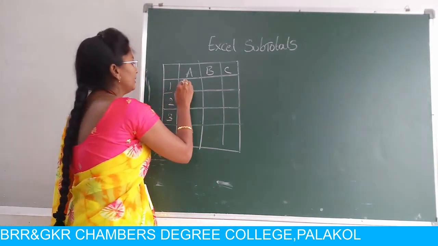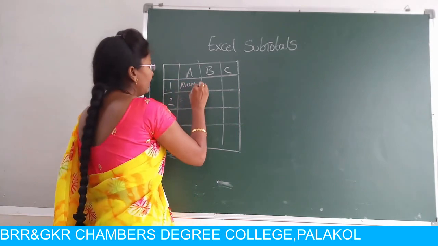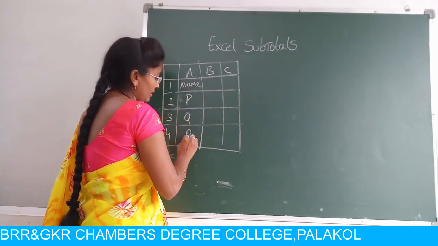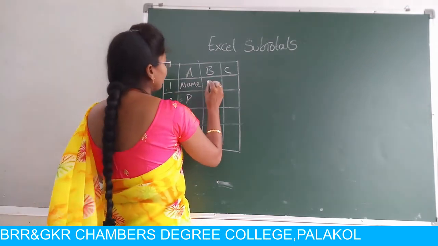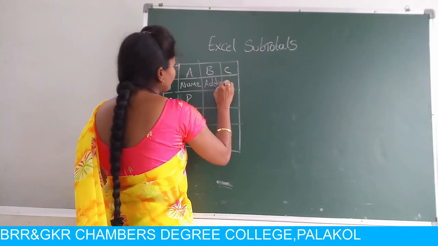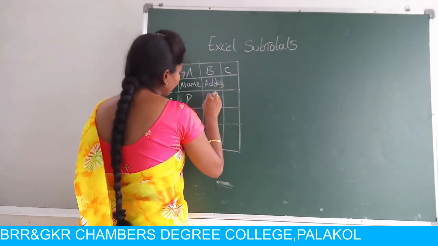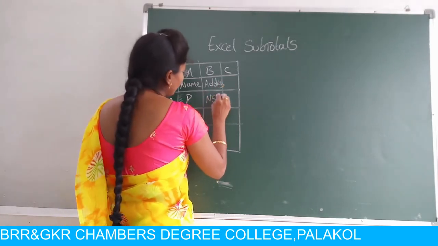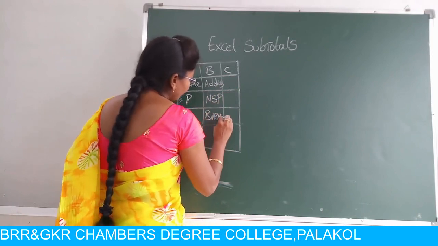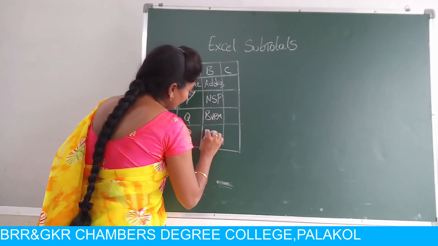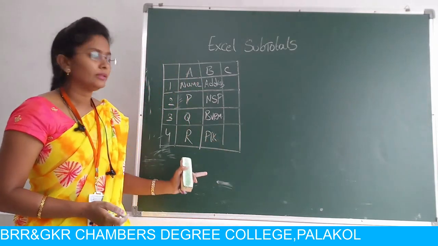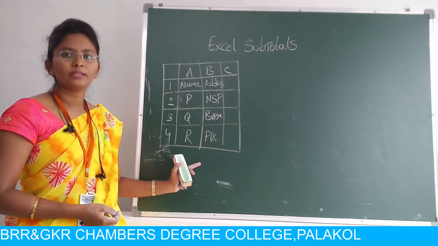Here I am taking the data as name as P, Q, and R, and address as NSP, BVRM, and alcohol. And this is the data I entered in the Excel sheet.